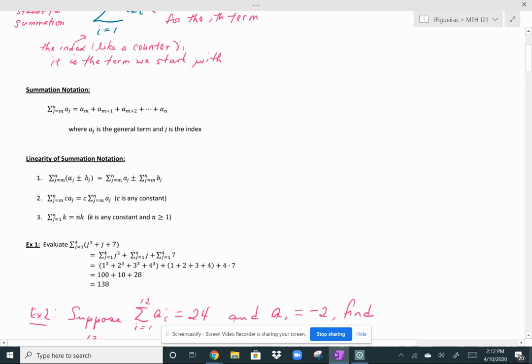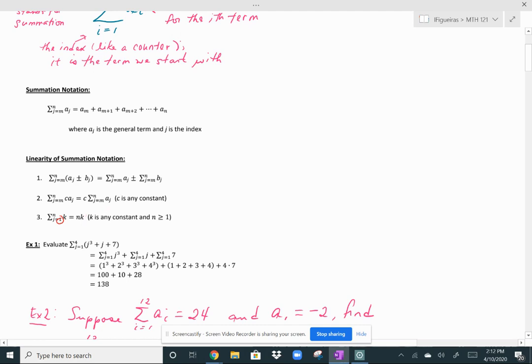The last one is that if you have a sum as j goes from 1 to n, and in order for this to make sense, it has to start at 1, and k is a constant, then adding k n times from 1 to n is the same as n times k.